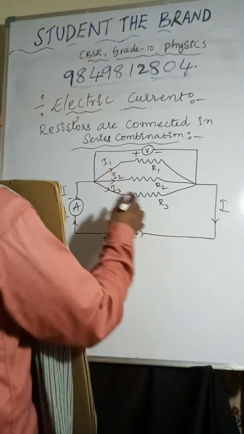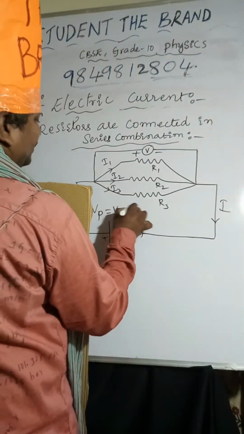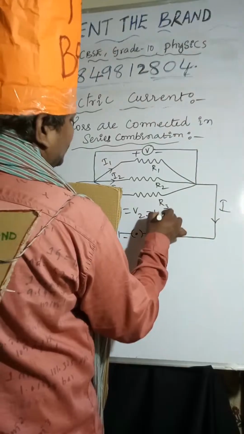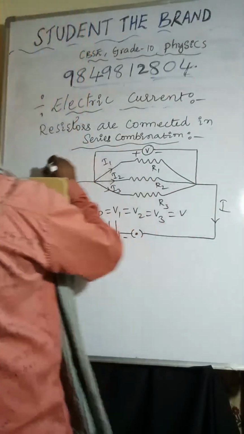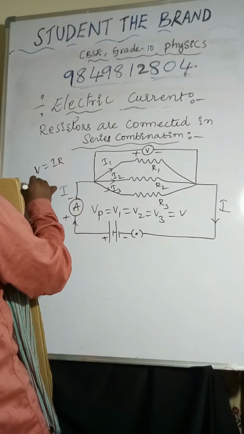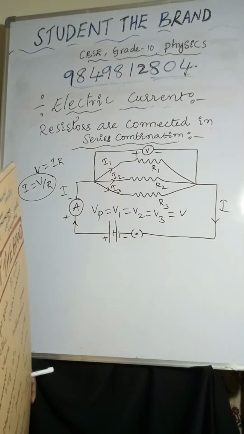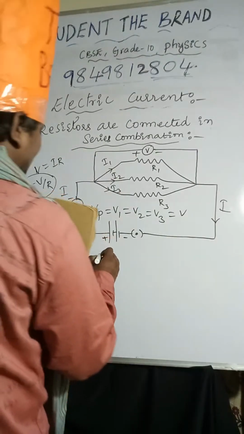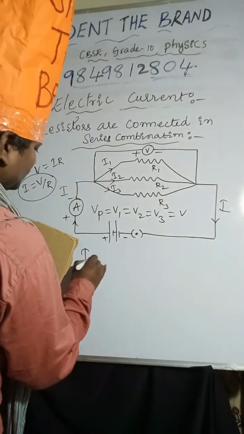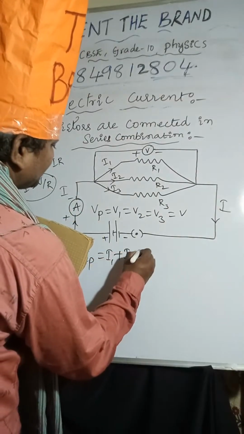Now the potential difference is the same, right? Vp equal to V1 equal to V2 equal to V3 equal to V. From Ohm's law, V equal to IR, so I equal to V by R. So Ip equal to I1 plus I2 plus I3.